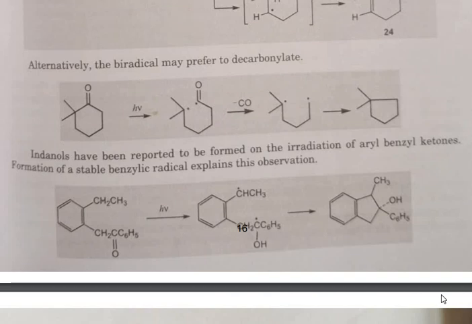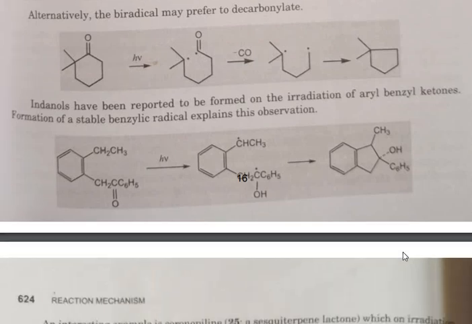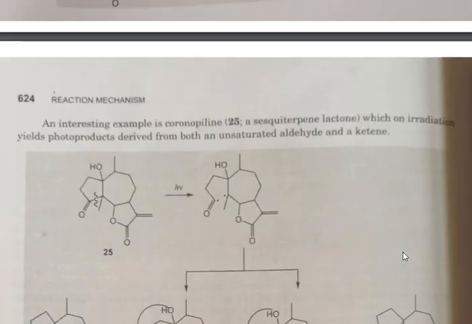Now you know indenols have been reported to form on irradiation of aryl benzyl ketones. Formation of a stable benzylic radical explains these observations. Look at the light reactions here.